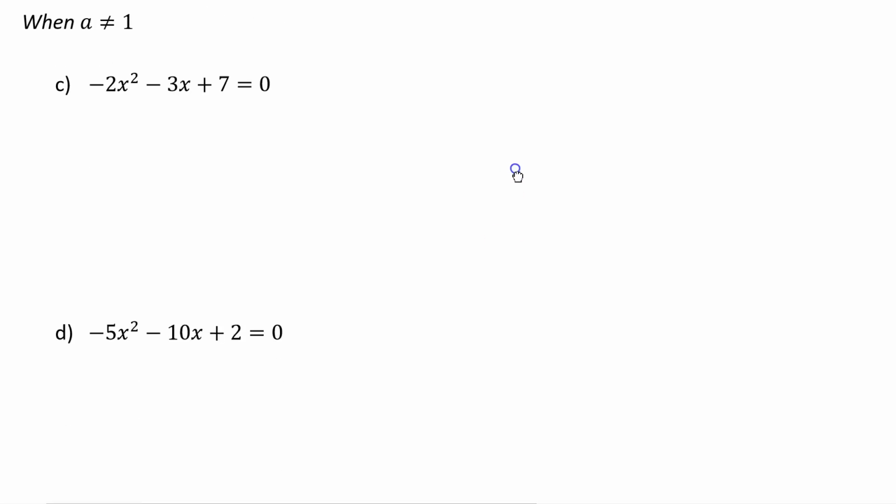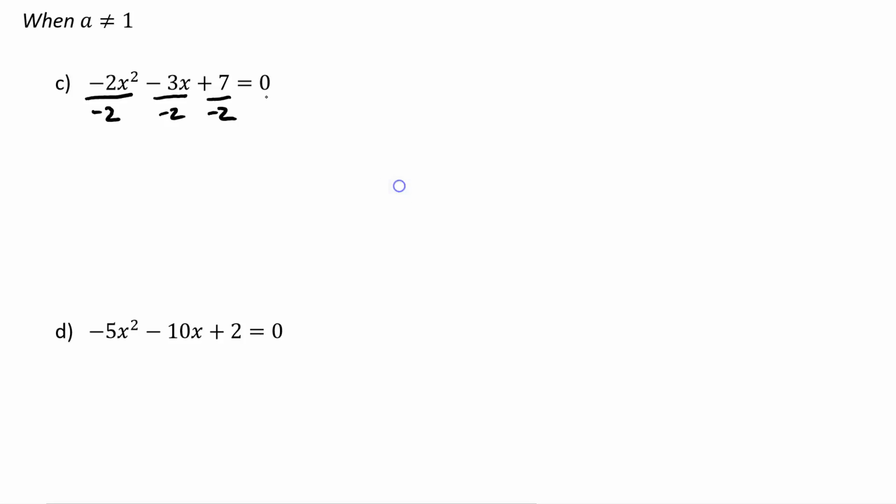What about when a doesn't equal 1 though? So the name of the game is I want to get the coefficient in front of the x squared to be 1. So I'm going to divide each of my terms by negative 2, and we are going to have to deal with some fractions here, folks.